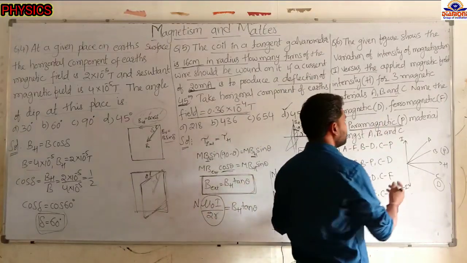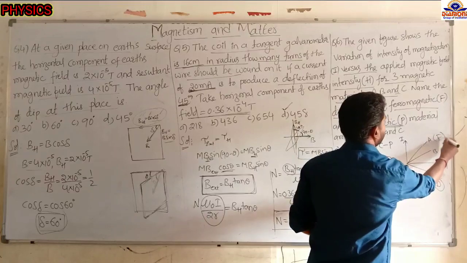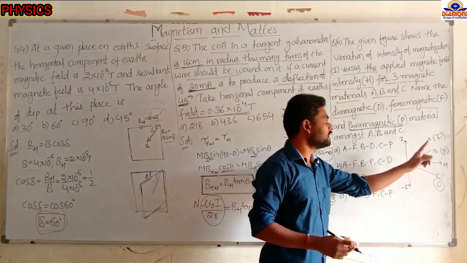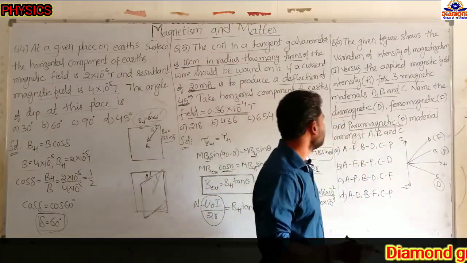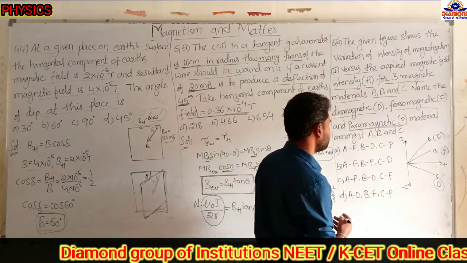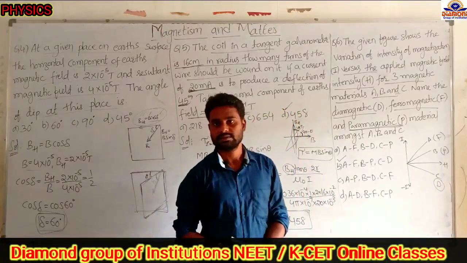That's why the slope of the ferromagnetic graph is more. So A is the ferromagnetic material, B is the paramagnetic material and C is the diamagnetic material. So A is F, B is P, C is D. So option B is the right answer.